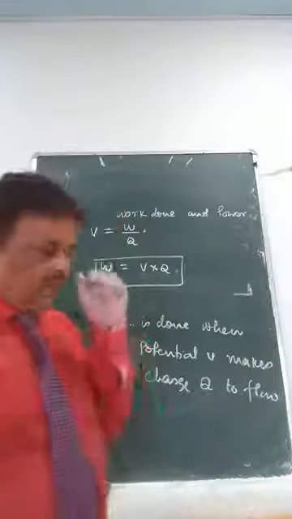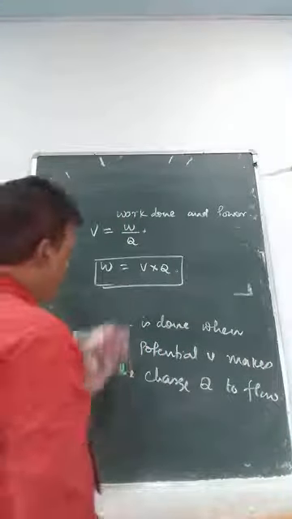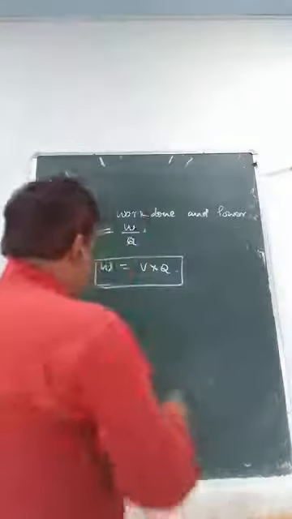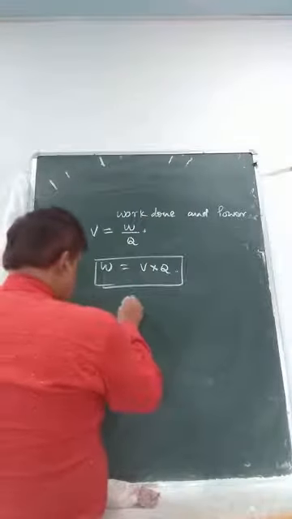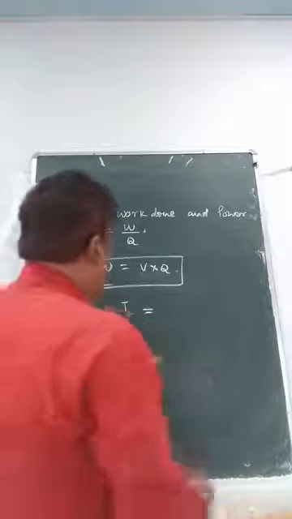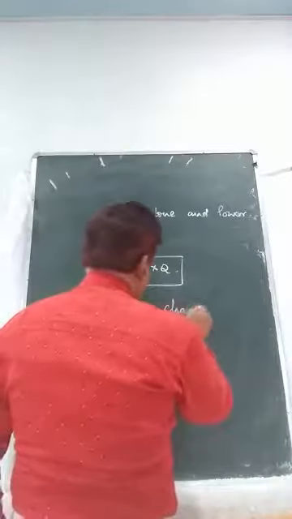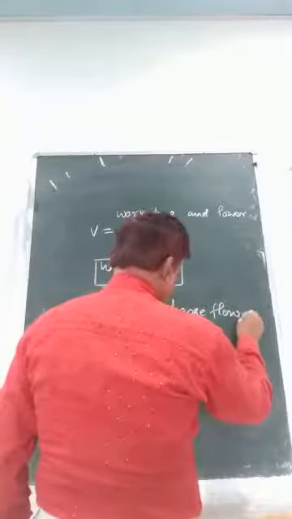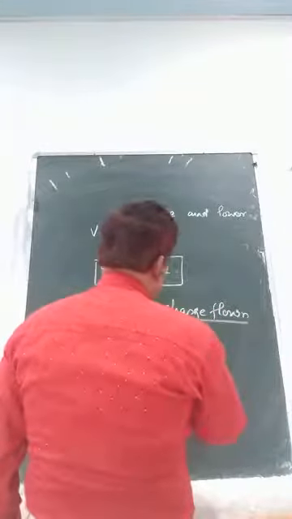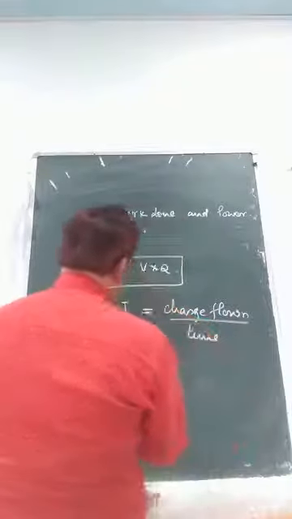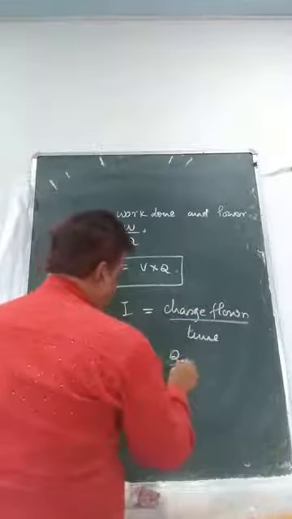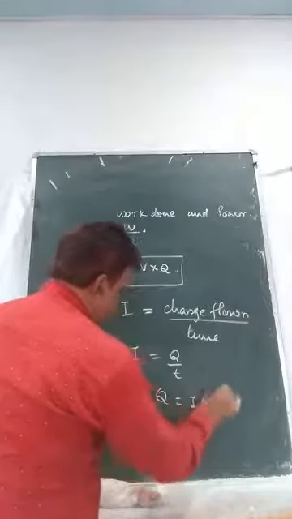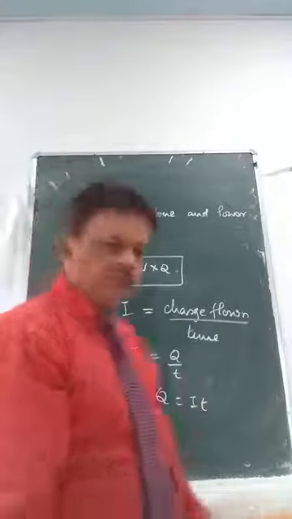Also, see how many formulas I am getting in this. I is what? I told you, the charge flown per time, Q by T. I equals Q by T. That means Q equals IT.